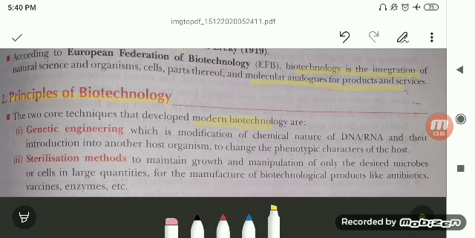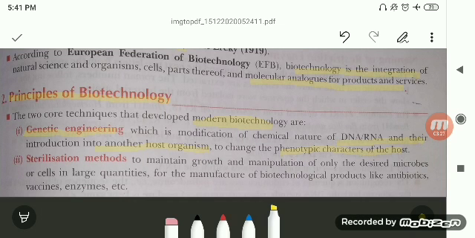The first principle or technique of modern biotechnology is genetic engineering, which is the modification of the chemical nature of DNA and RNA and their introduction into another host organism to change the phenotypic character of the host.